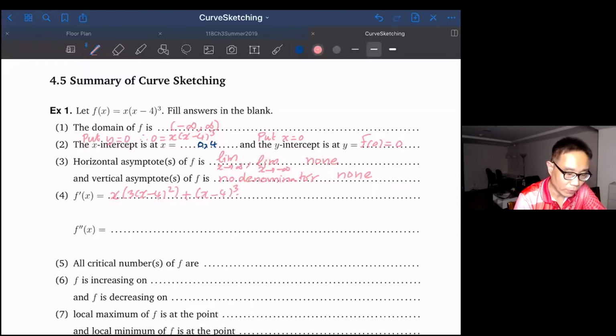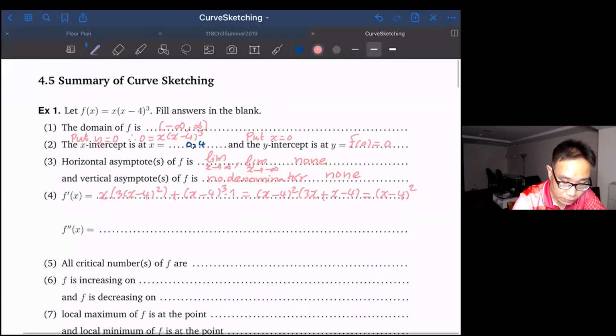You multiply with 1, so you have (x minus 4) cubed plus 3x times (x minus 4) squared. Factoring, you get (x minus 4) squared times (4x minus 4), so f prime of x equals 4(x minus 1) times (x minus 4) squared.